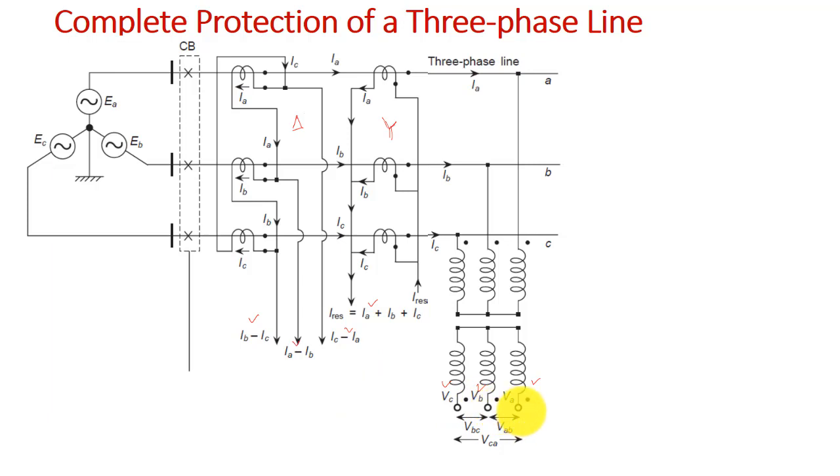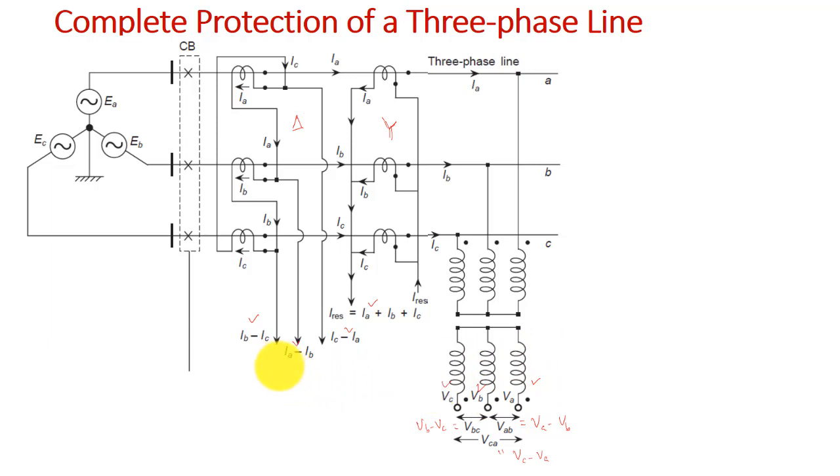If I take VA minus VB, that will give my VAB. Similarly, VBC will be VB minus VC, and VCA will be VC minus VA. So we already got these combinations of measurements.